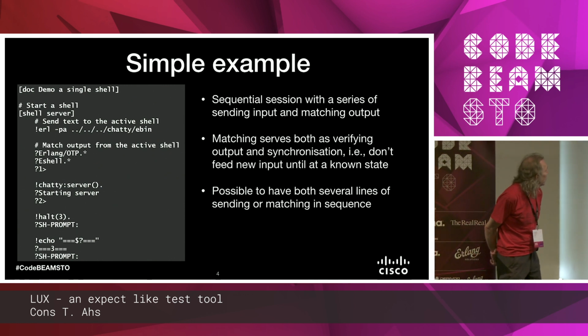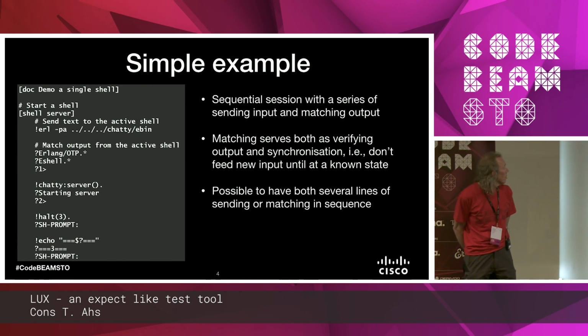We match on the output from Erlang when it starts up. We don't care about actual versions here, so we just say we want to see that we're starting up Erlang OTP. We want that it says something about an e-shell, and that it shows a prompt. And it actually says we want to see the first prompt number 1.